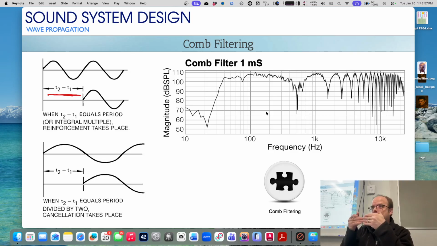Those two copies reinforce each other perfectly, and you get a boost. But that same exact period of time could represent, for another frequency, a 180 degree phase difference, which that frequency would cancel out based on that specific time offset.